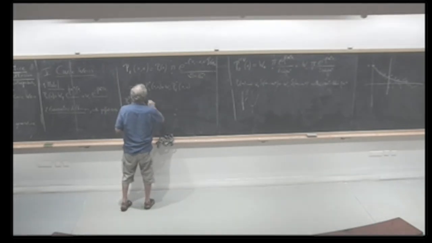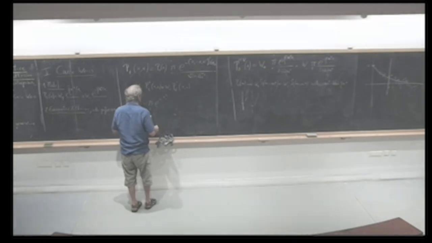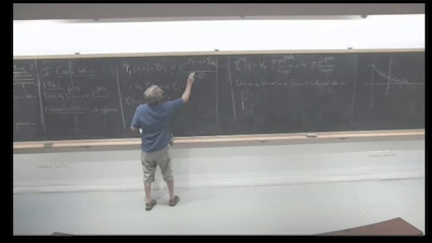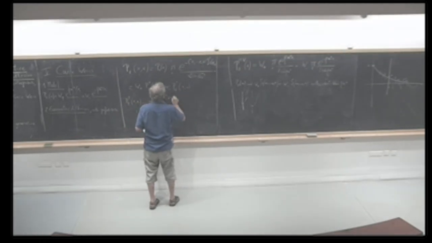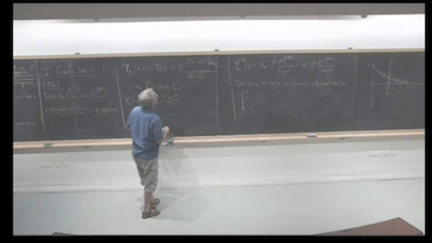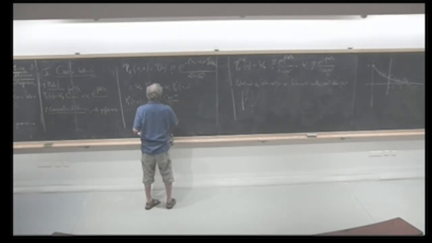I will write it as a product over i of e to the minus (xi squared plus ai squared e to the minus 2t) over 2 delta t. Okay, these are the squares.